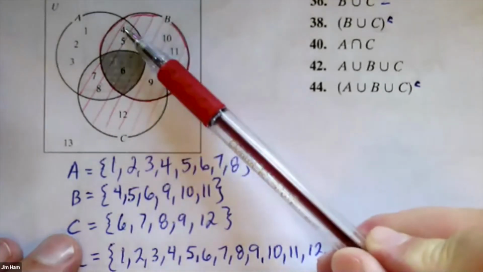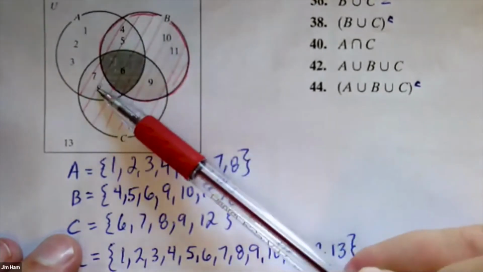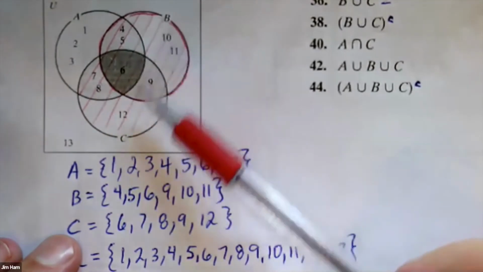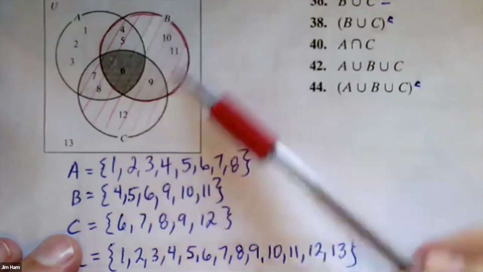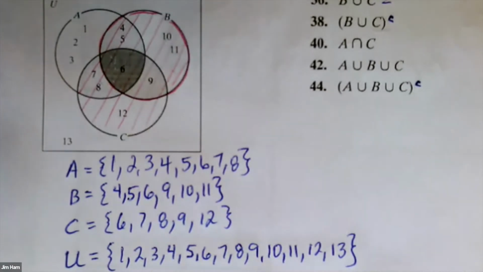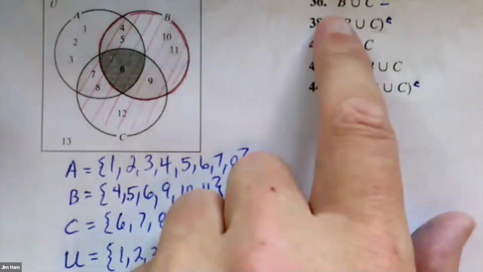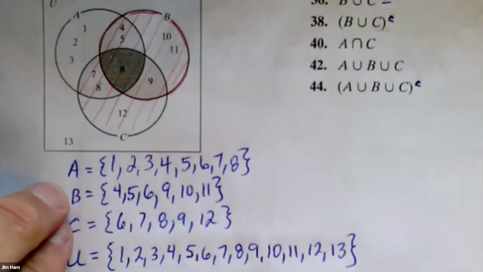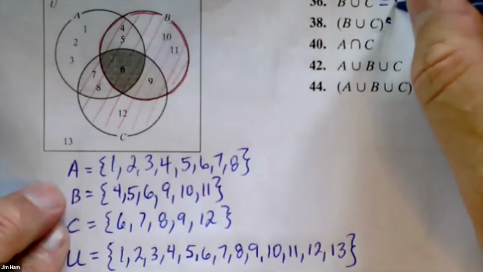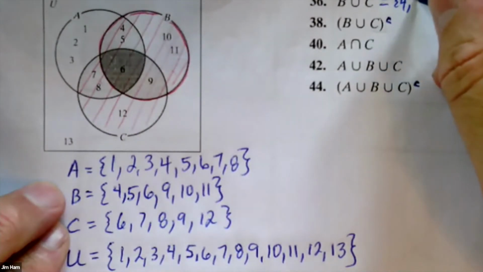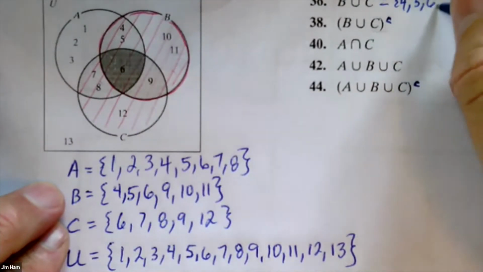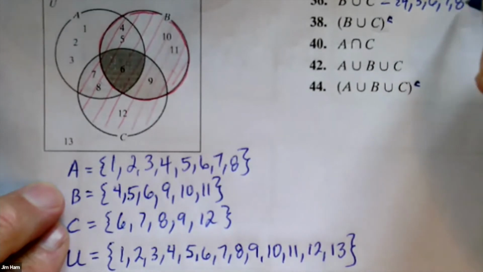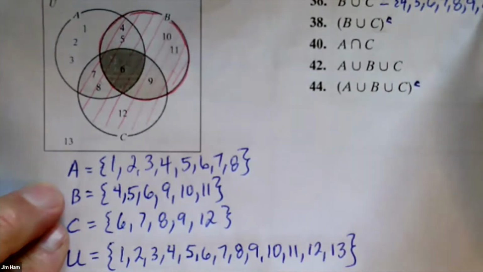Looks like the smallest one is 4: 4, 5, 6, 7, 8, 9, 10, 11, 12. All right. So you can look at the Venn diagram and find the answer to question 36. But you can also just take B and C in this notation and list down all the elements: 4, 5, 6, 7, 8, 9, 10, 11, and 12.